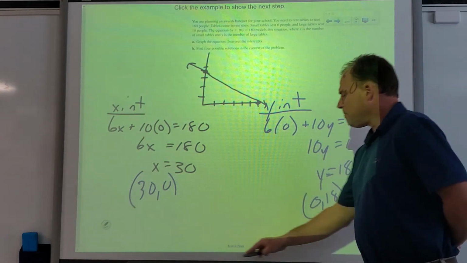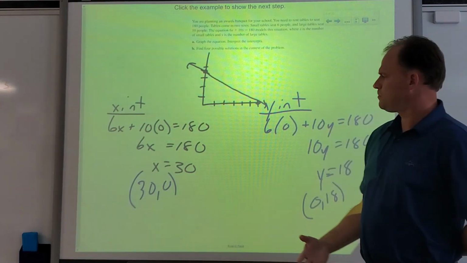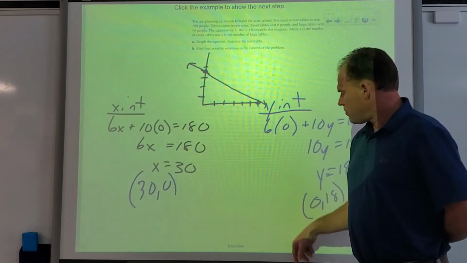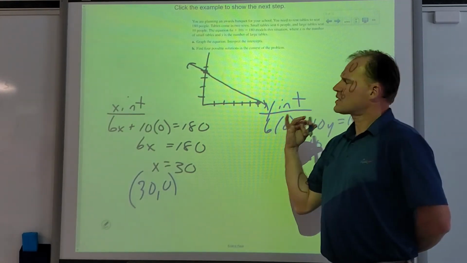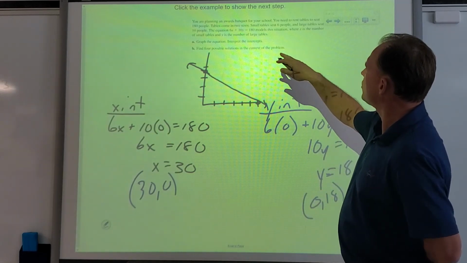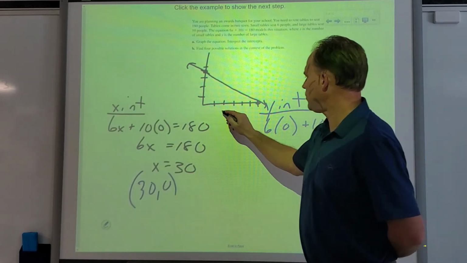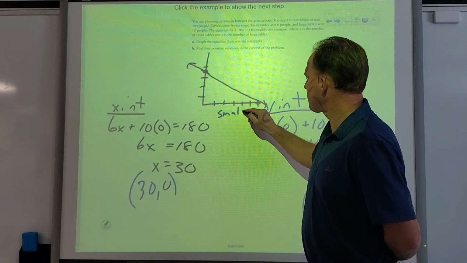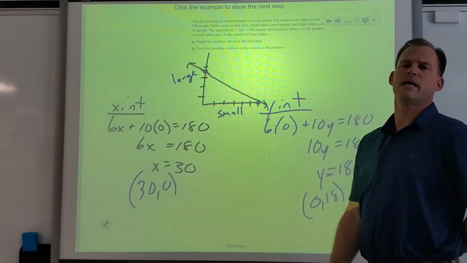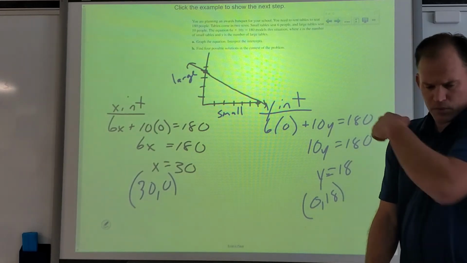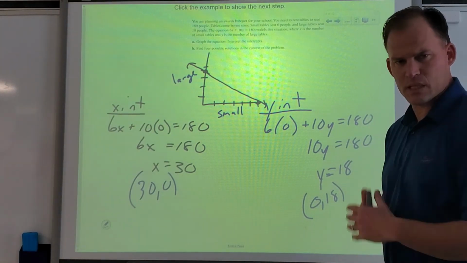What does that mean? Well, remember here, my x and my y were tables. It says in the word problem where x is the small tables and y is the large tables. So again, remember this has meaning to us.